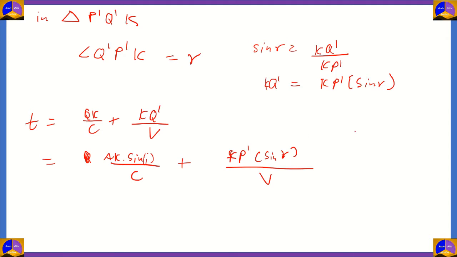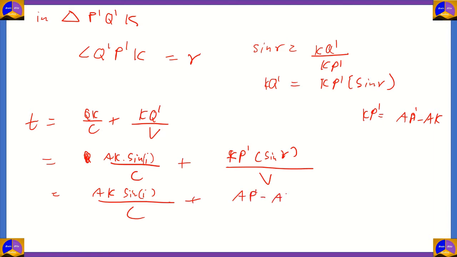Now KP dash can be written down as AP dash minus AK. So AK sine of incident angle divided by c plus AP dash minus AK times sine r divided by v.